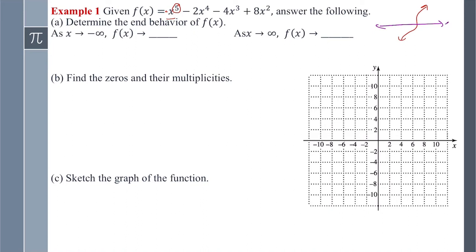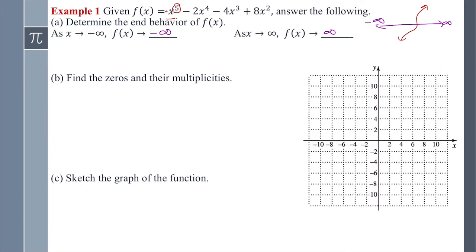As x approaches infinity, the function goes to infinity. As x approaches negative infinity, the function goes to negative infinity. So we can write that as x approaches negative infinity, the function approaches negative infinity. Similarly, as x approaches infinity, the function approaches infinity.